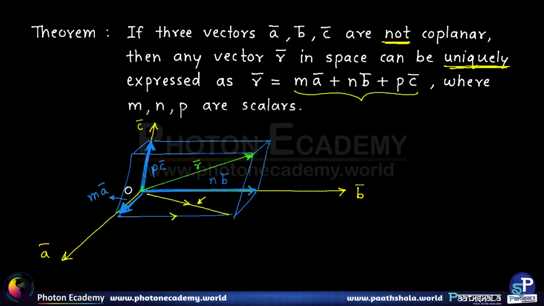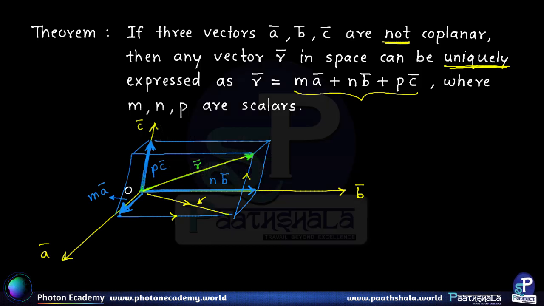But to that member, if we add the third vector, which is same as p c bar, then we will get r bar. So clearly we get r bar as a linear combination of a bar, b bar and c bar. And the uniqueness can also be proven in exactly similar manner as we proved the uniqueness of the theorem in which there were only two vectors, right?